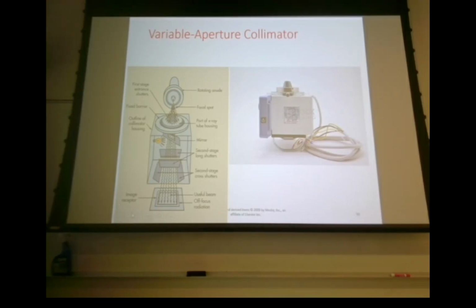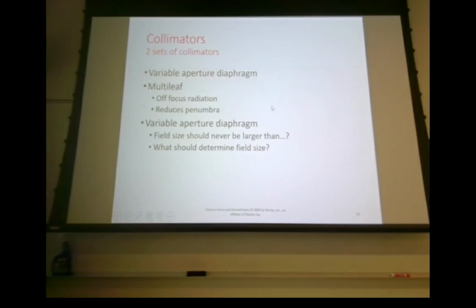So we talked about the difference between blooming and off-focus radiation because of that, but in this case, what we're referring to as off-focus radiation is that the electrons travel across the tube really fast, and they hit the anode, and they may bounce and then re-accelerate towards the anode and create an X-ray off from where it should be created. And that's the purpose for the multi-leaf, is to catch some of those and eliminate those before they get into the X-ray beam. And the purpose for that is to improve sharpness for recorded detail.